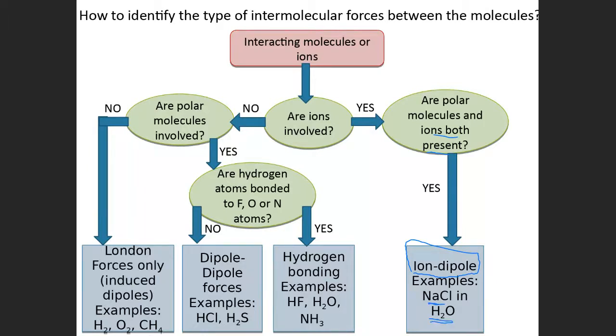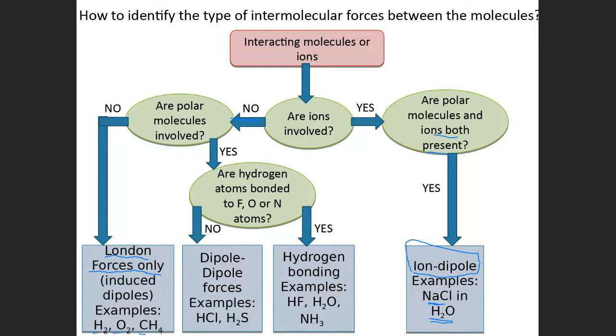But what if there is no ion? I will ask myself, is this compound polar or non-polar? If it is a non-polar compound, it will be London force, which is very weak, between non-polar covalent compounds. Examples: hydrogen gas, oxygen gas, methane.